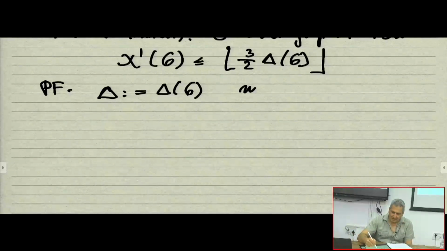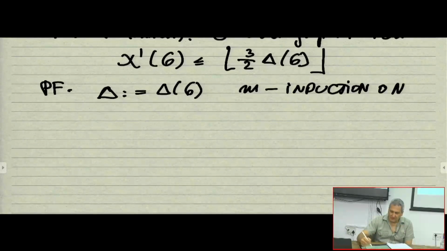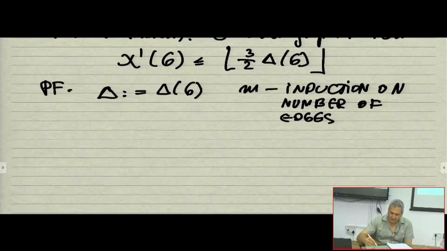Induction on the number of edges. So we denote by m the number of edges.